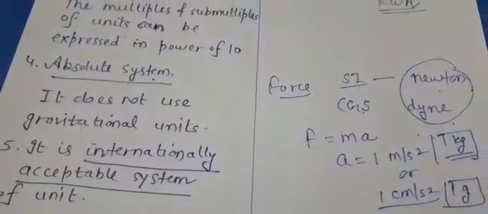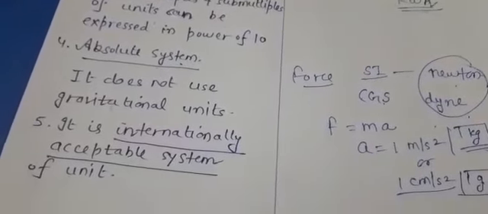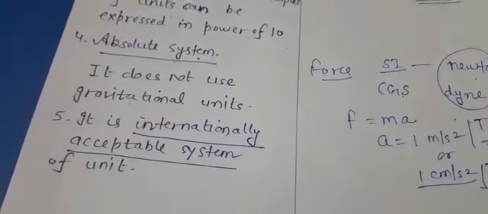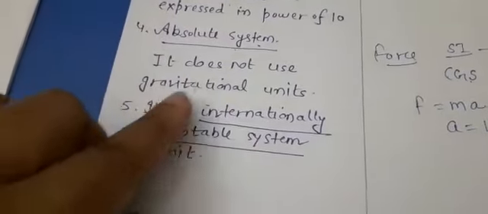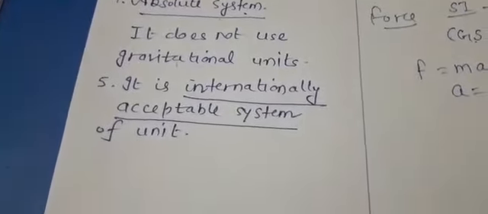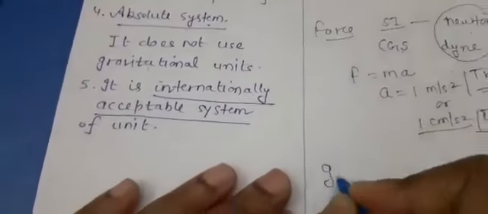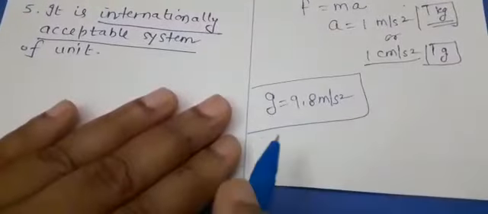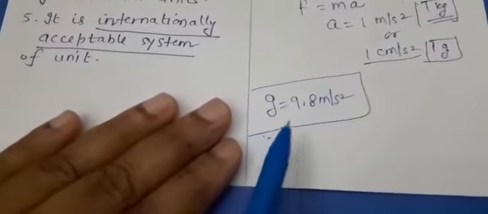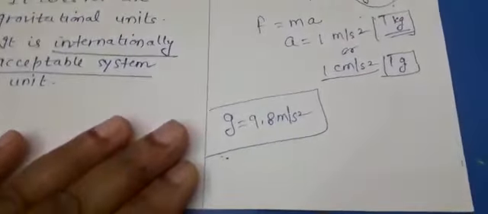In this system, acceleration is taken as 1 meter per second square, where no gravitational unit is introduced. Where acceleration due to gravity is 9.8 meter per second square, there we will consider the effect of gravitational unit.